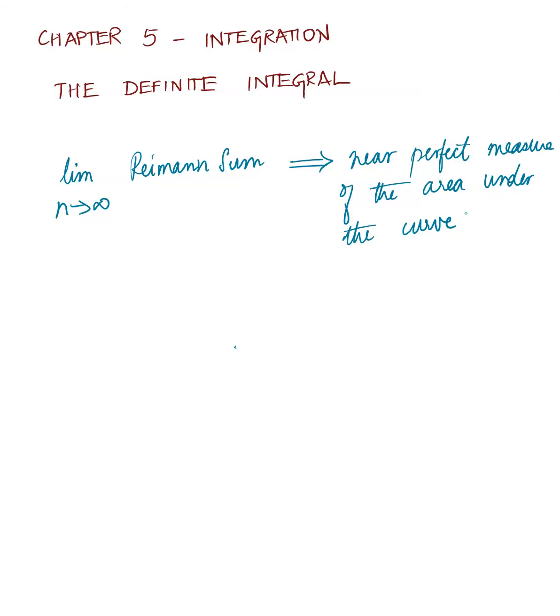Therefore, when we apply the limit to the Riemann sum, and we know that the Riemann sum is the summation from k equals 1 to n, you could use k or i. The book uses them interchangeably.